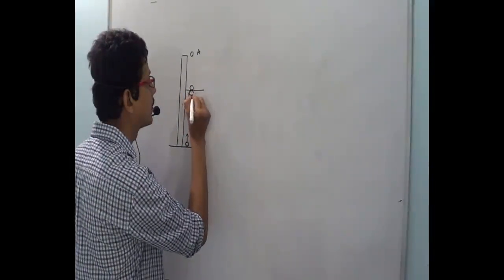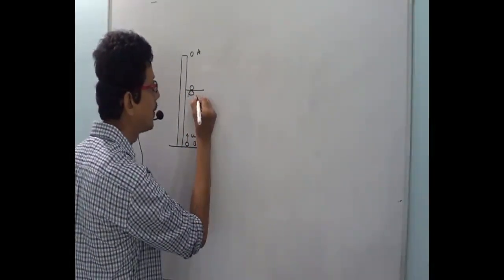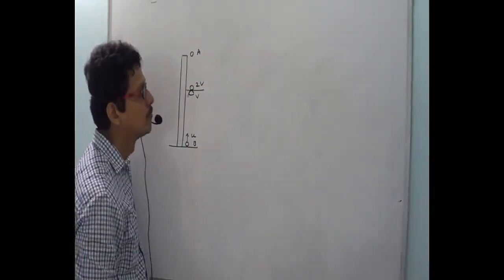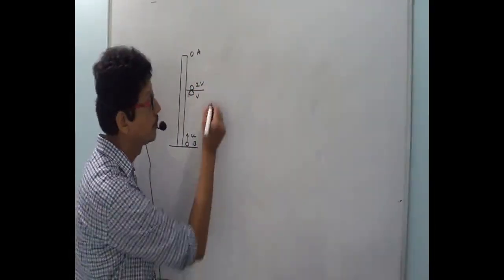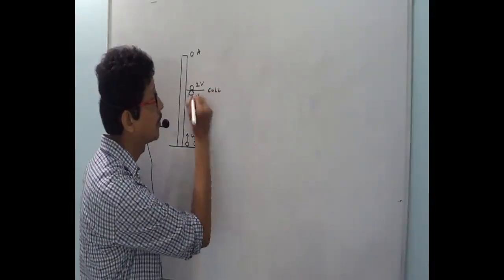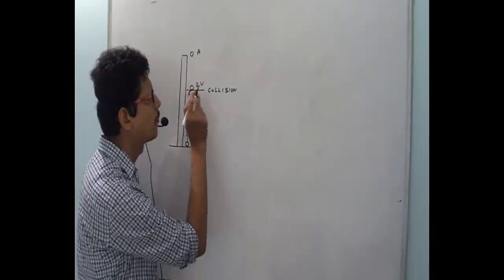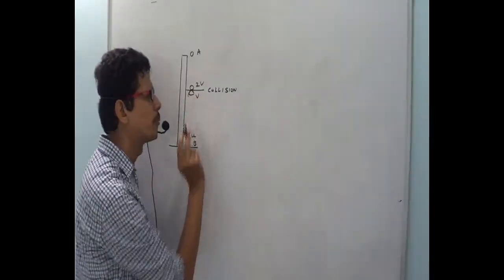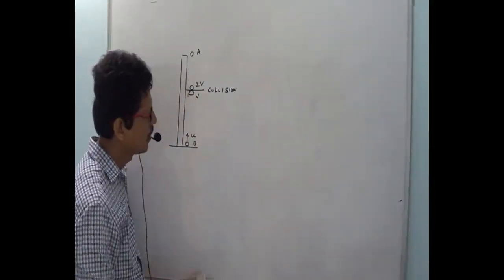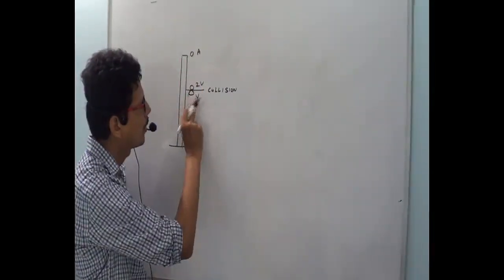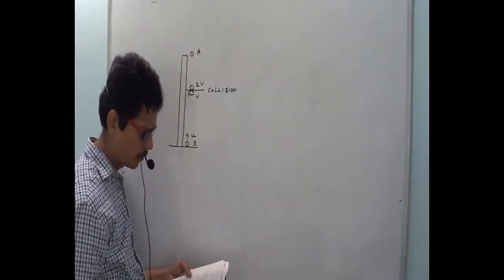Then speed V and then speed 2V. At the time of collision, here they are colliding. This is the B ball going up and this is coming down, both collided here.